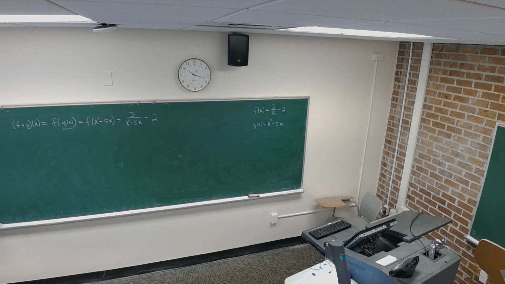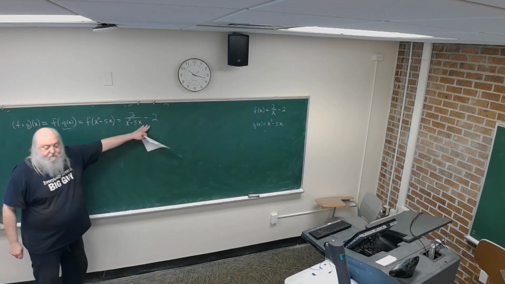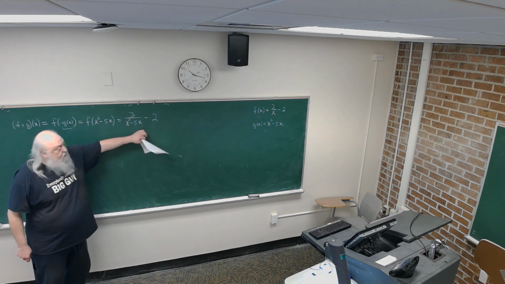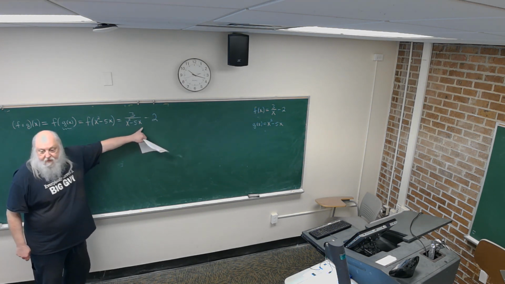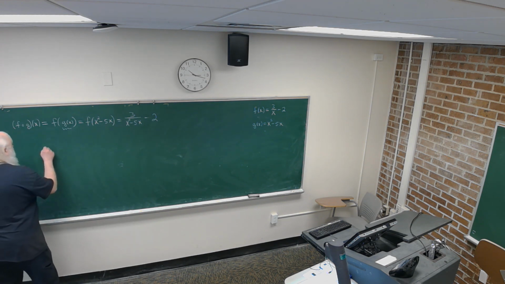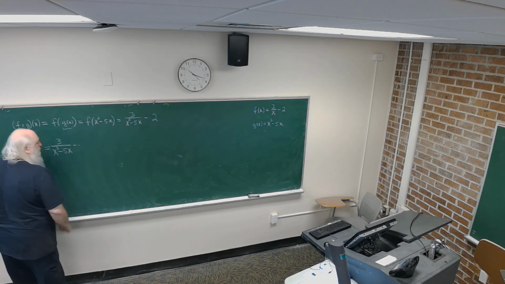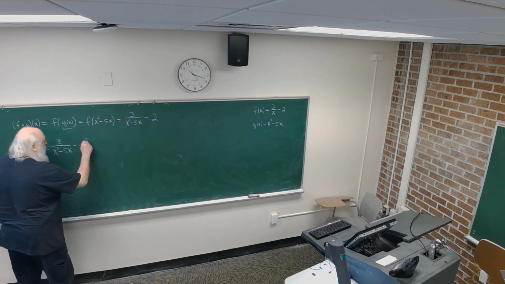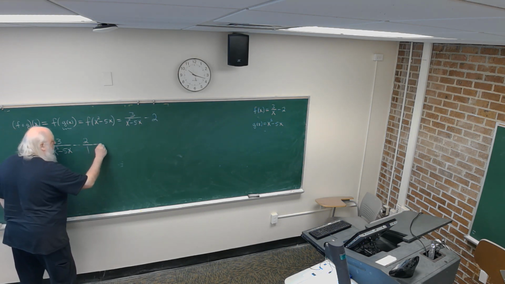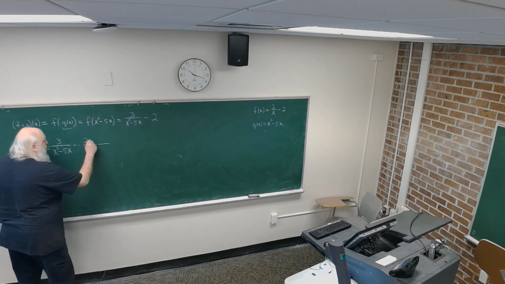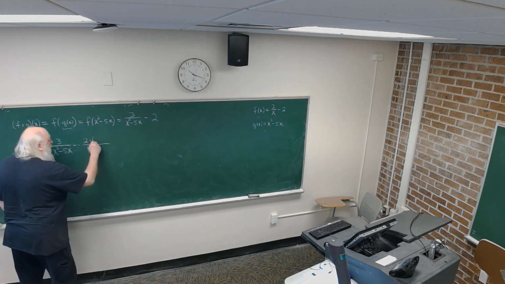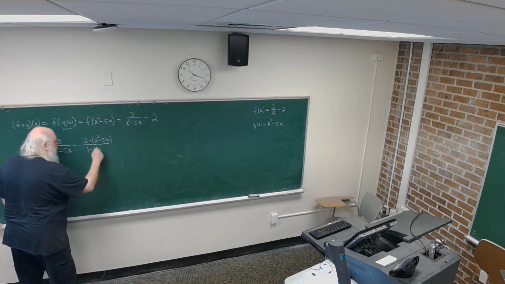To simplify this difference, we need a common denominator, and the common denominator is x squared minus 5x. So this is equal to 3 over x squared minus 5x minus, and 2 can be written as 2 over 1, if you want to express it that way. And then you multiply the top by x squared minus 5x, and the bottom by x squared minus 5x.